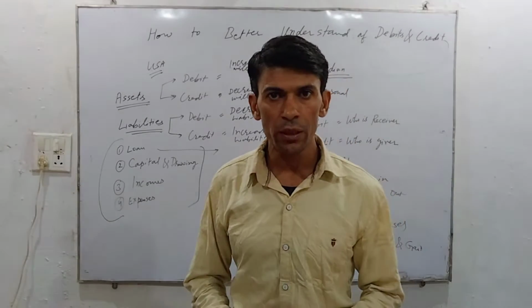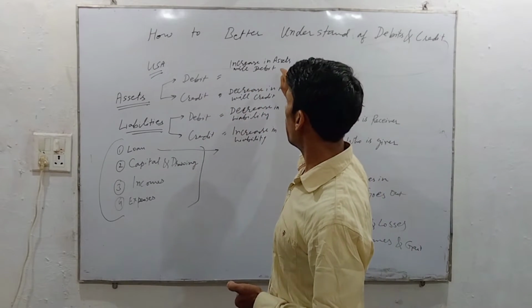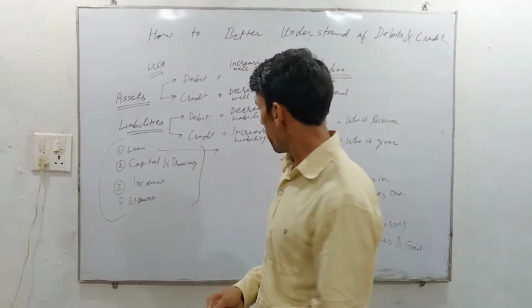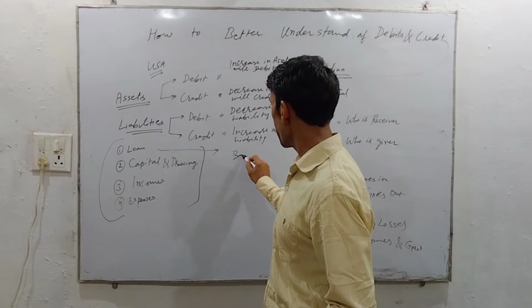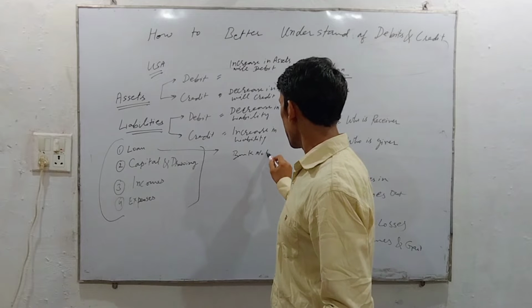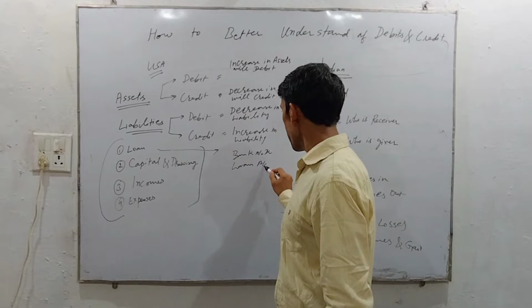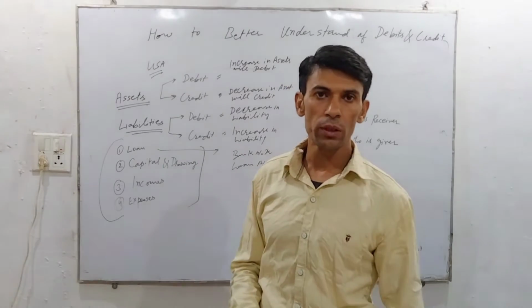We have received cash in the bank account, which is an asset, so bank account debit and loan account credit, due to this rule.